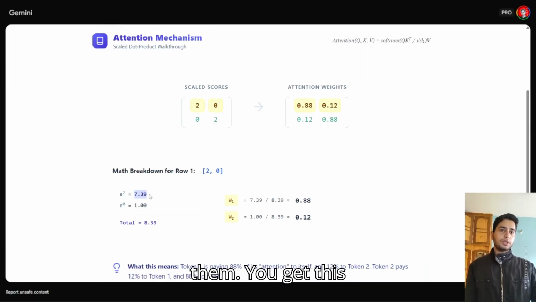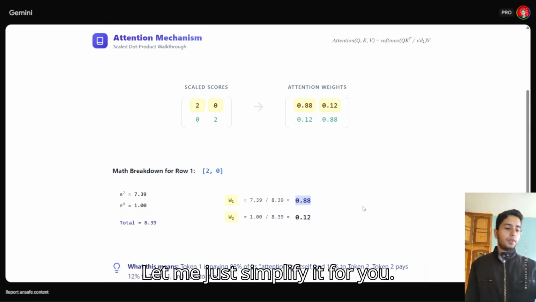You get the values 7.39 and 1.0, and for w1 you divide 7.39 by the sum of these two values, and you get the attention weight.